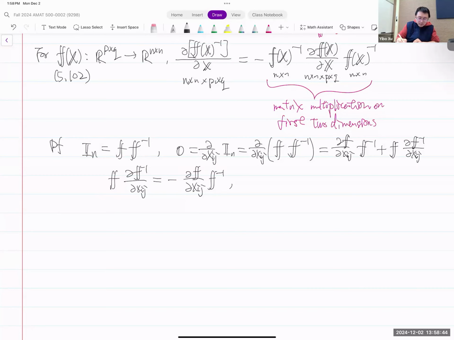Now multiply both sides by F inverse, and we almost have what we want. So del F inverse del X_ij equals negative F inverse del F del X_ij F inverse. Now if you look at the equation right here, it's almost what we wanted.